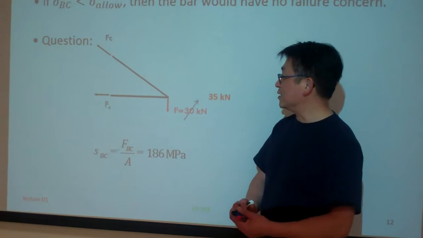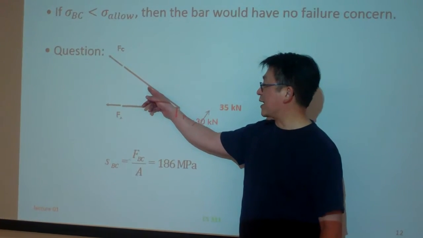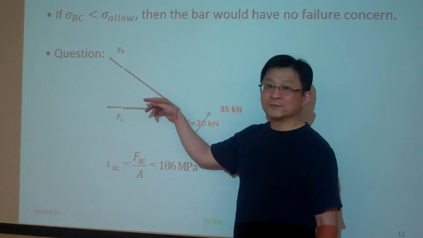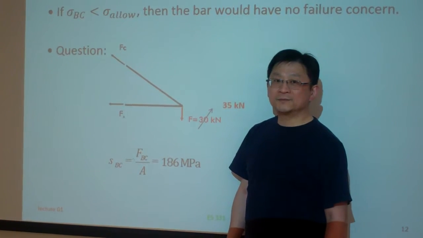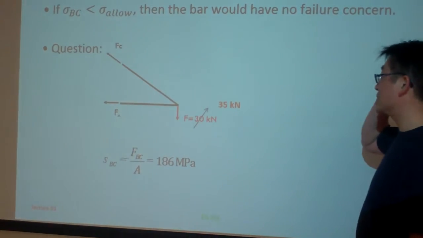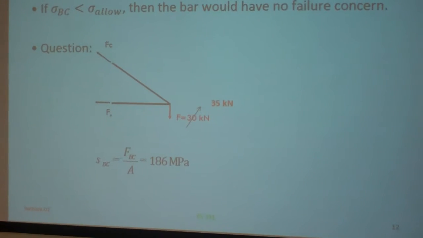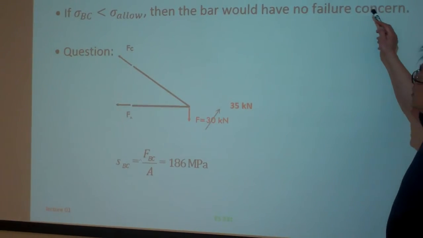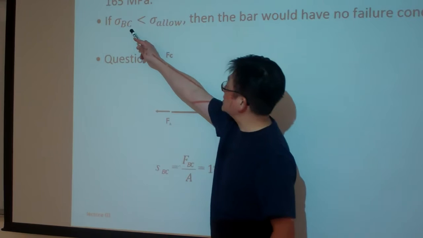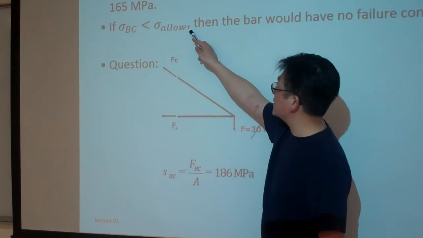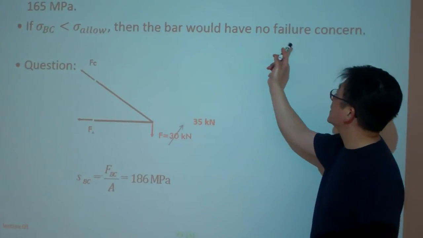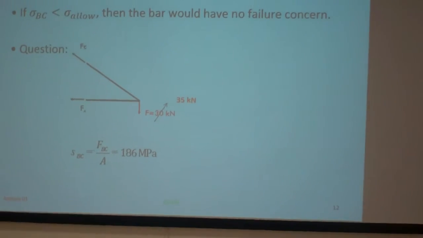Or the other option is to increase the diameter of this portion to be safer. So as long as the stress in BC is less than the allowable stress, everything should be safe. No failure concern.